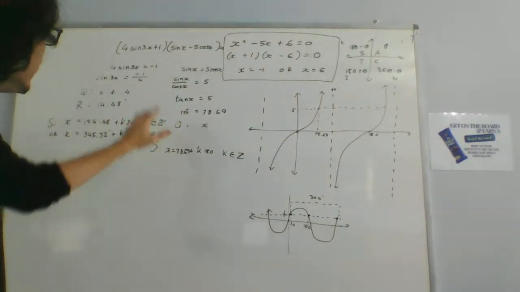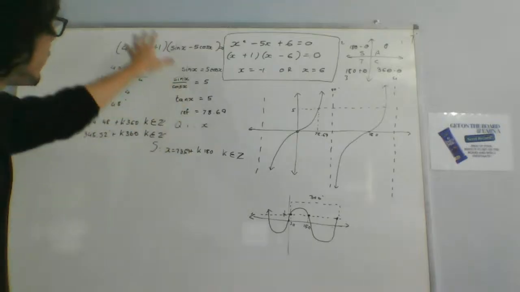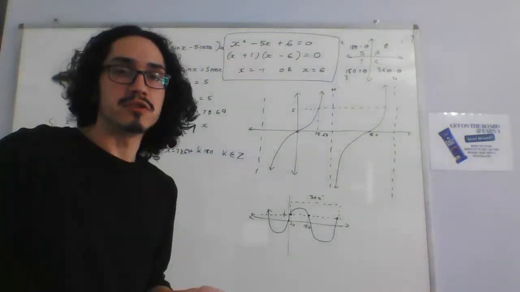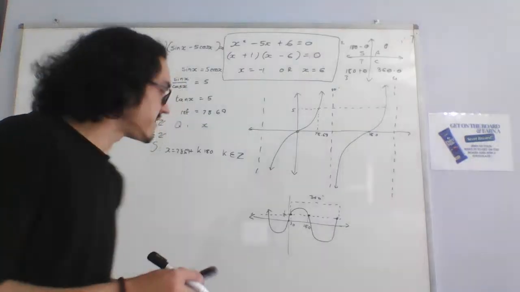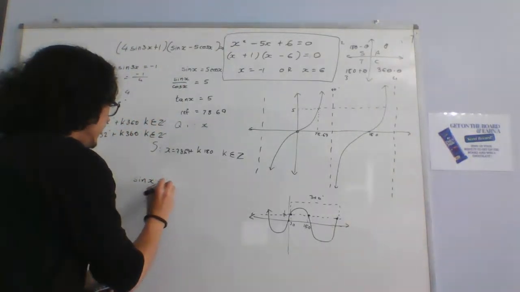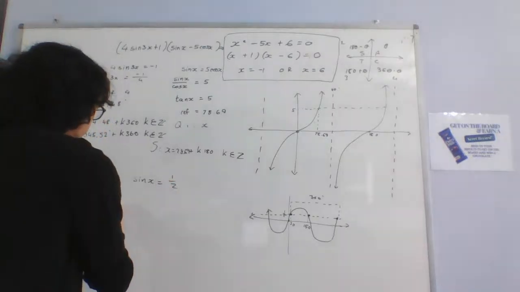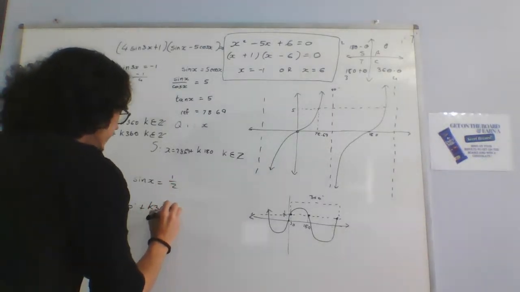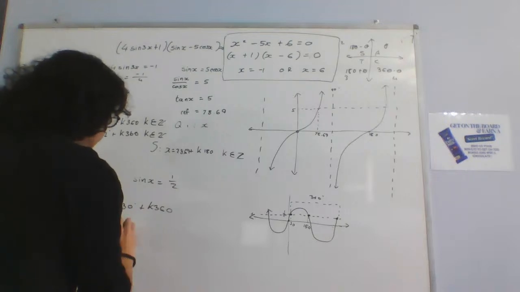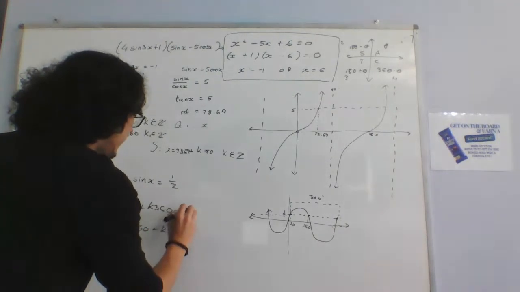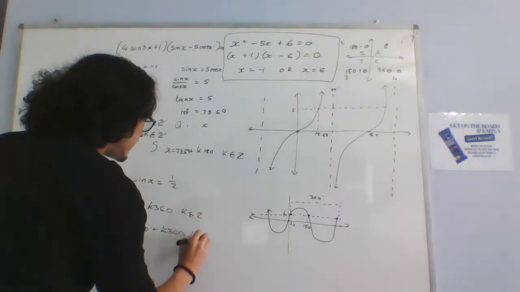Now, if we look at how marks are allocated here, they actually give you marks just for the solution that you have. So all the steps that we followed before that are just for us, you know. And you can actually, if you're quick enough, just write the solution out. Like if we had a simple one, like sine x equals a half, I can go straight to x equals 30 plus k 360, or x equals 150 plus k 360, k e z, k e z.